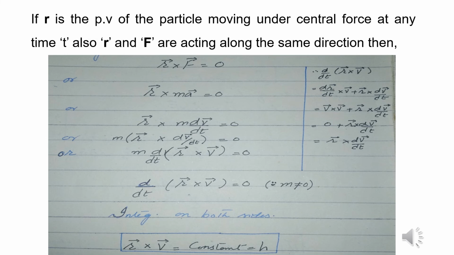So we can say that r cross dv over dt is equal to d by dt of r cross v. So substituting that value, we get m into d by dt of r vector cross v vector is equal to 0.